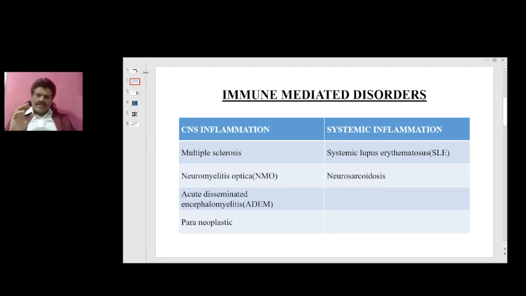So CNS inflammation includes multiple sclerosis, neuromyelitis optica and ADEM, and systemic inflammation includes systemic lupus erythematosus and neurosarcoidosis.